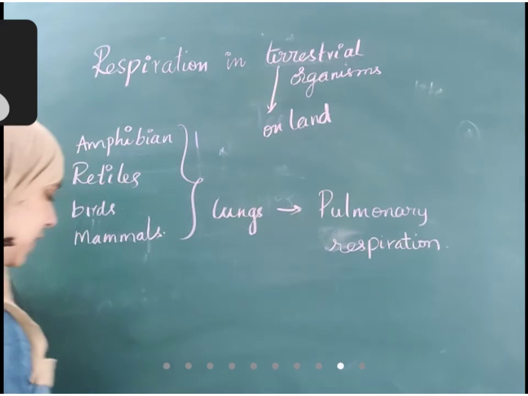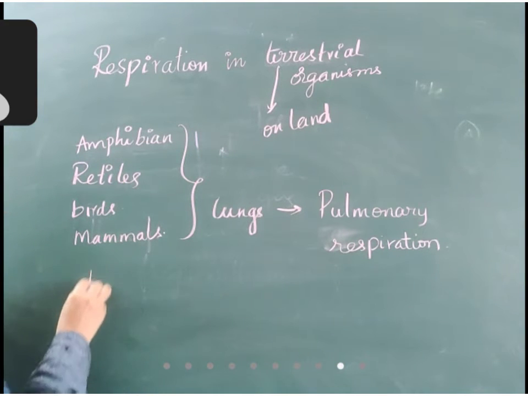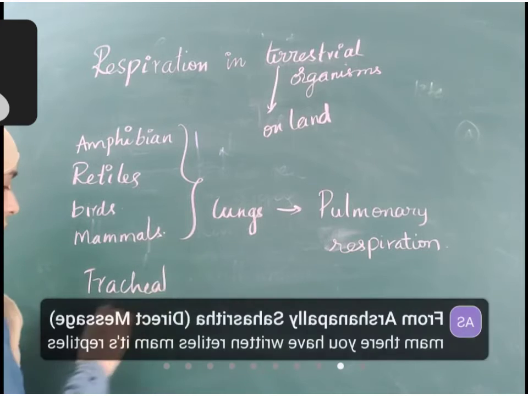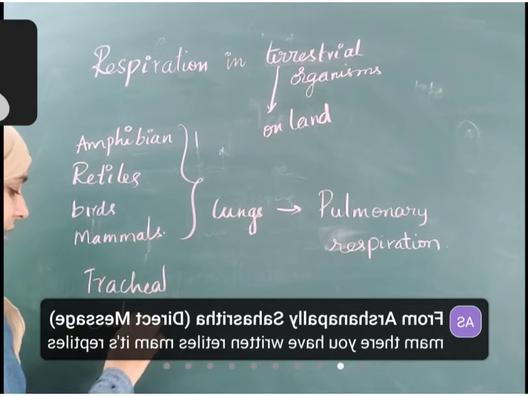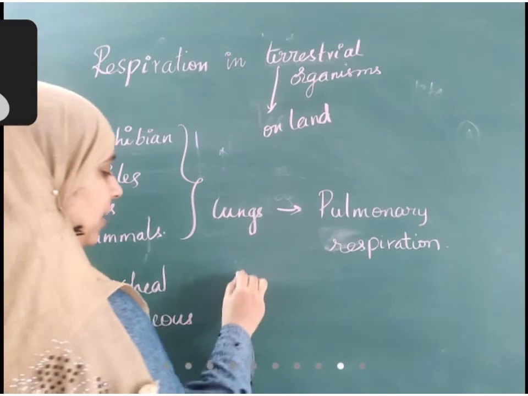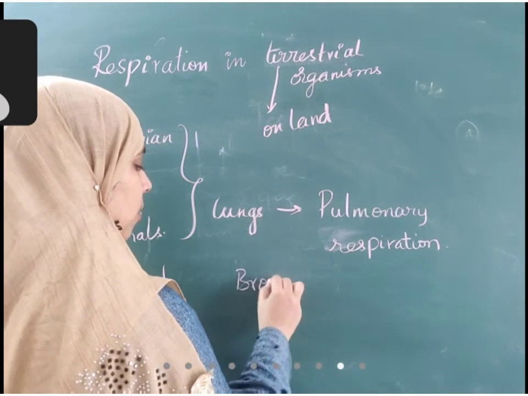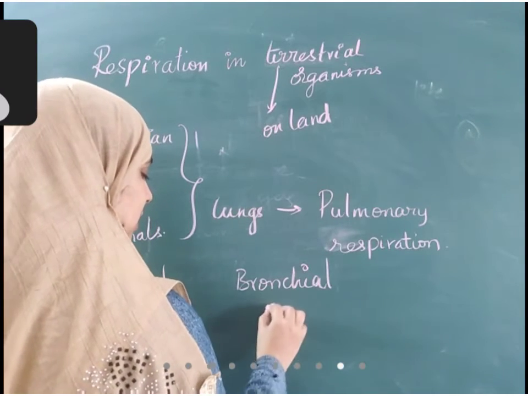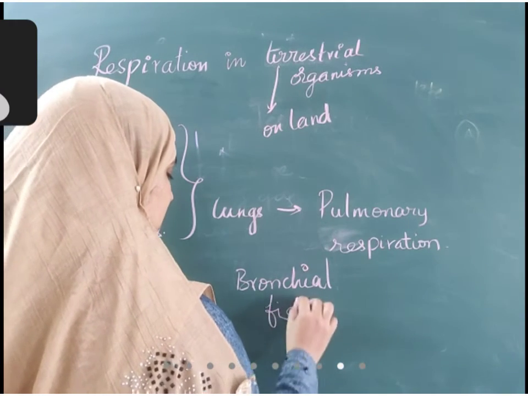We have seen tracheal respiration, cutaneous respiration, pulmonary respiration. There is another type of respiration called bronchial respiration, which is seen in fishes.